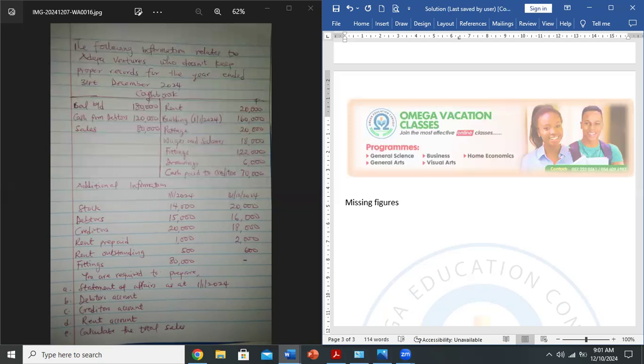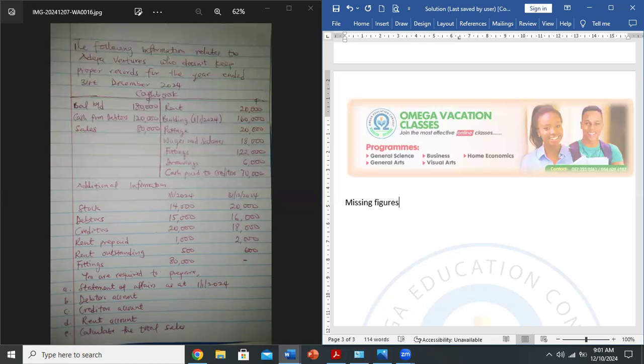Okay, so the fact is that when they give you a question, sometimes you skim through the question and you cannot find your total sales, right? So to be able to find the total sales, you have to prepare your debtors account to get the credit sales and check for any cash sales and add the two.